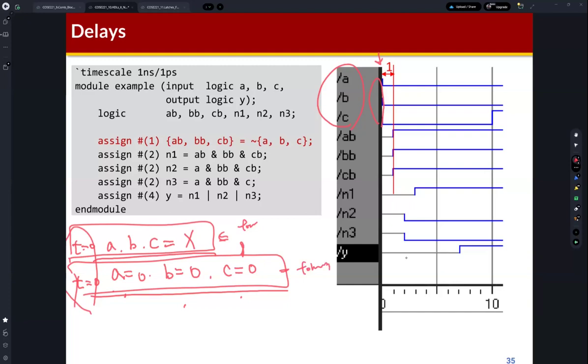This is the later event, and SystemVerilog would think that there is a very small delay. And this delay is called the delta delay.